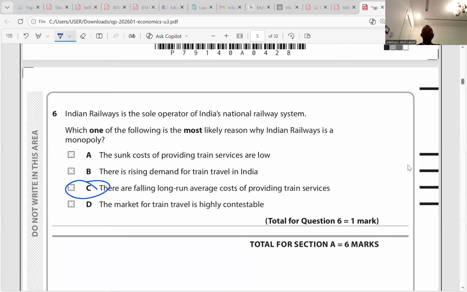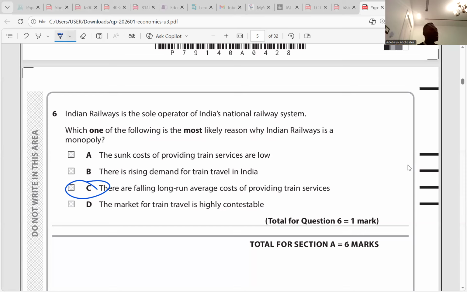So that even makes your options fewer. It's just about how you interpret the options you are given. If the sunk cost is low, it becomes highly contestable. But for train, do you know how much rail is going to be needed?